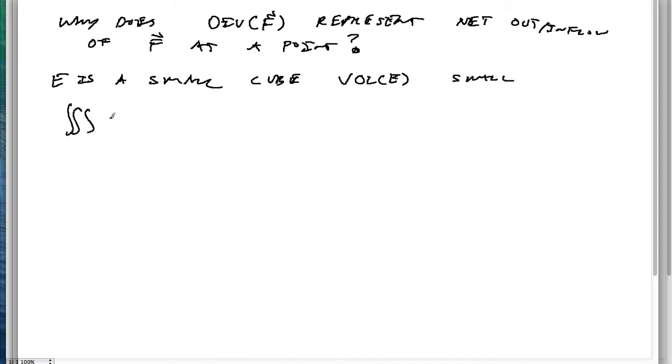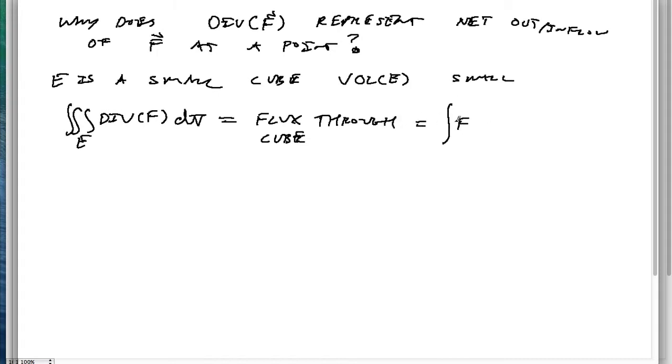So we want to compute the divergence of V over this small cube, dV, and we know that's equal to the flux through the cube. Okay, so that's equal to the surface integral dotted with the surface normal dS.